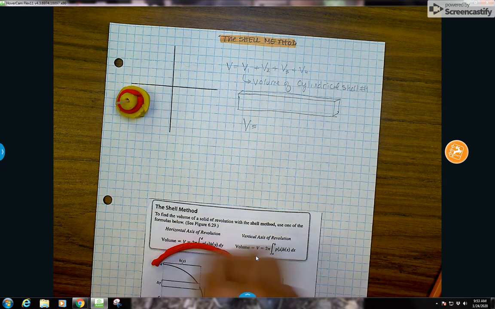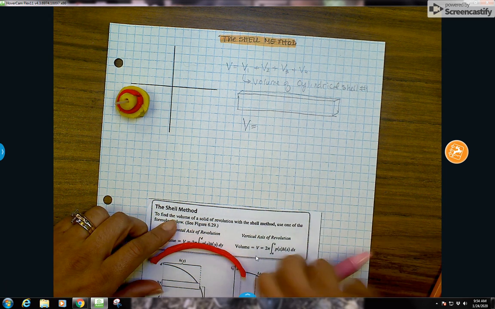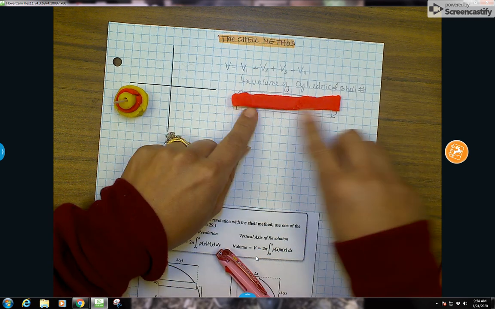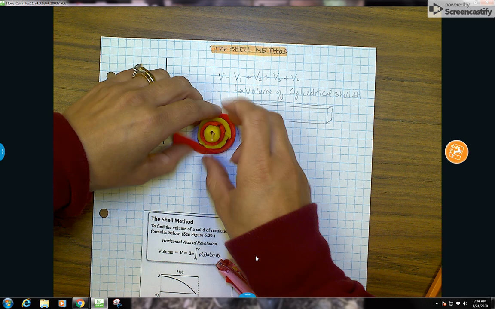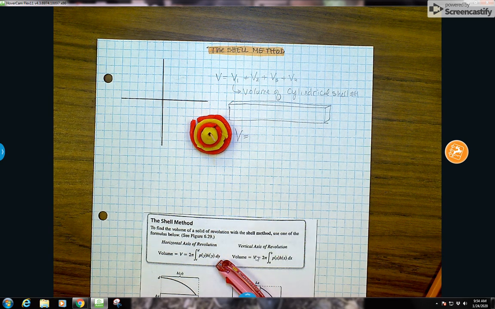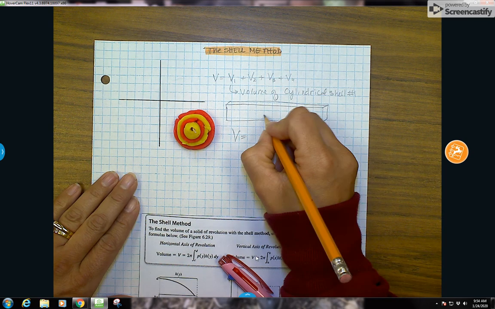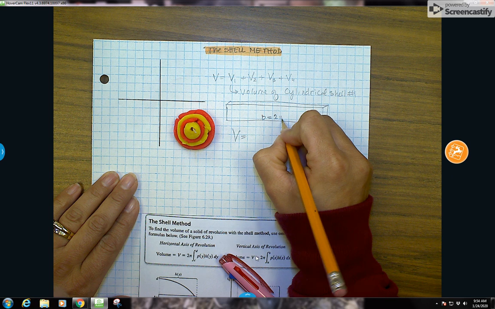So I have this right here, which matches up with this, which, if you recall, went around this cylinder. So you can see that the base is equal to 2 pi r.